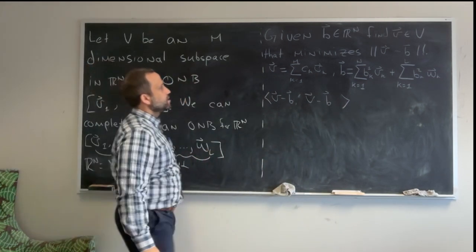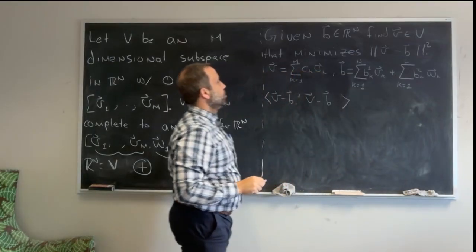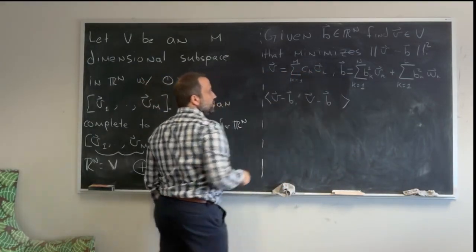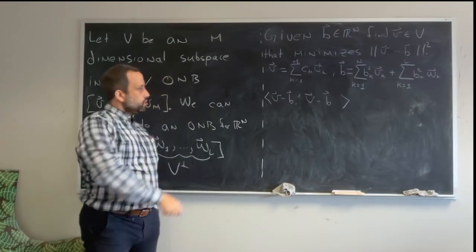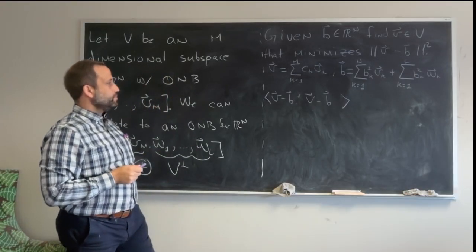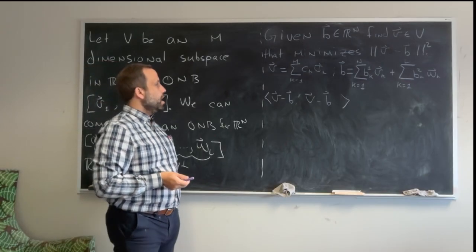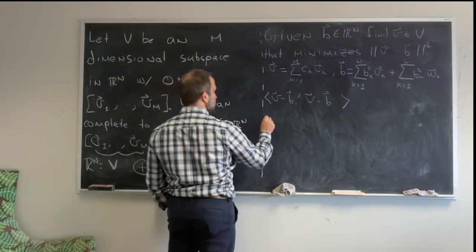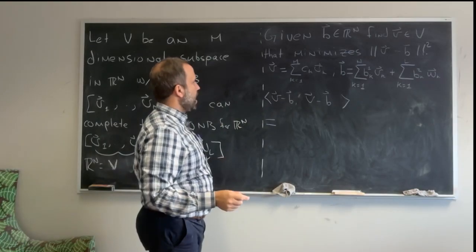That is actually minimizing the square of the norm of v minus b, but of course it gives us the same solution. What's going to happen here is an exercise for you. When you do this inner product, notice what happens.